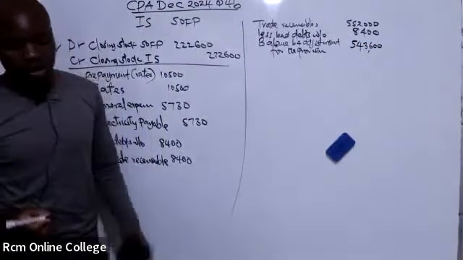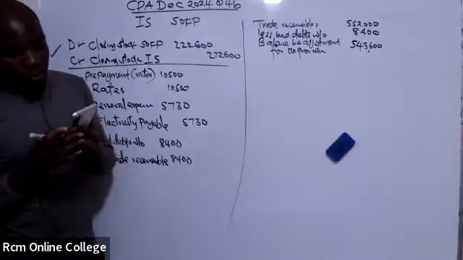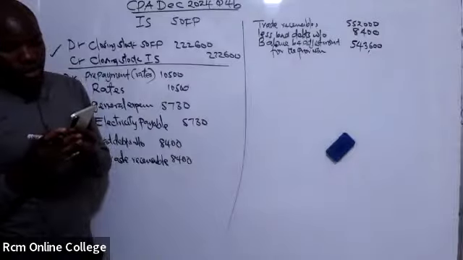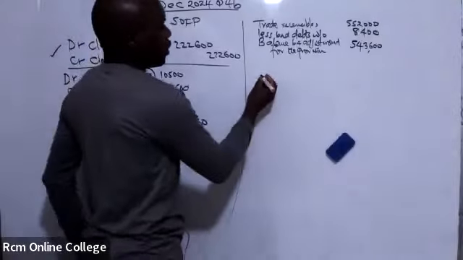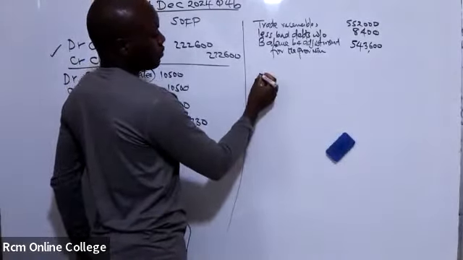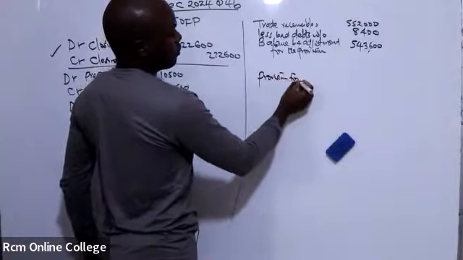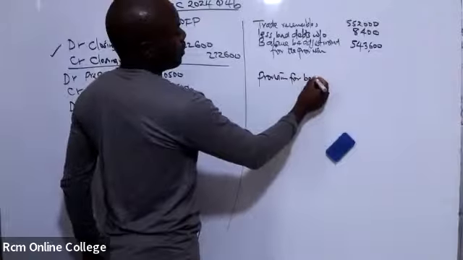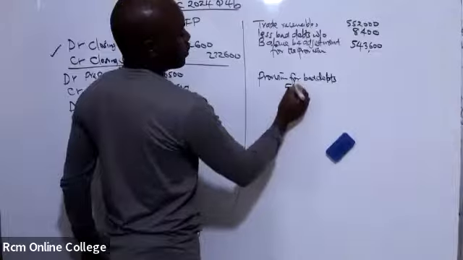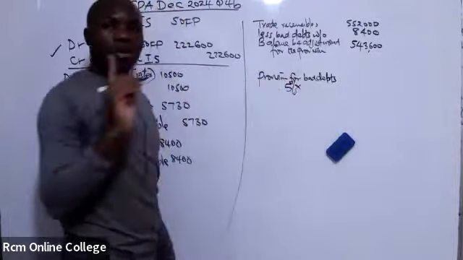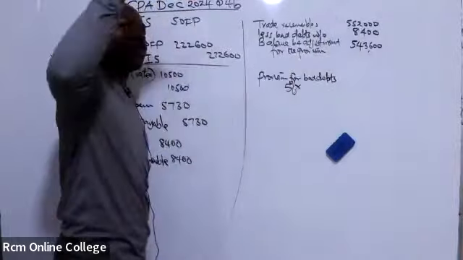Now we have been told how much is the provision. We are told under information number 5 that 5% allowance for doubtful debt is to be made on the remaining trade receivables. So, provision for bad debts is 5% of the closing. Don't make the mistake of taking 5% of 552,000. We have to check first the additional information.